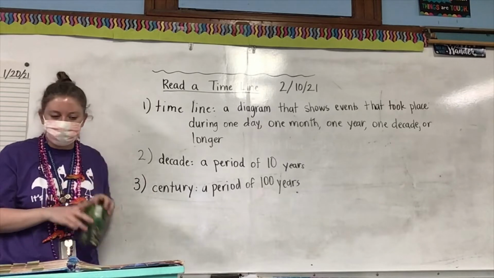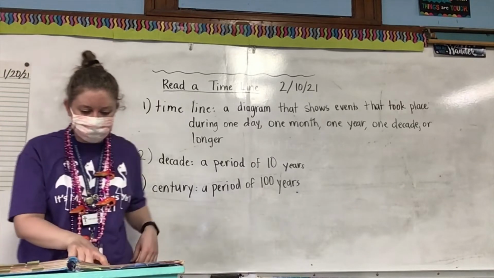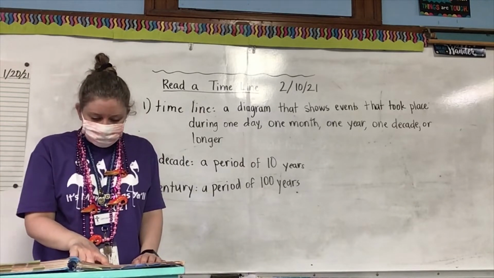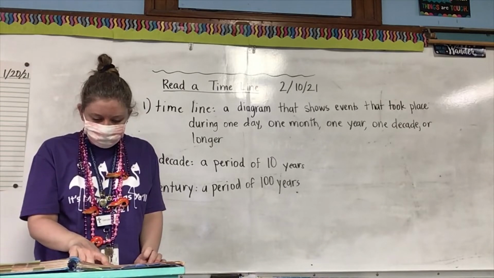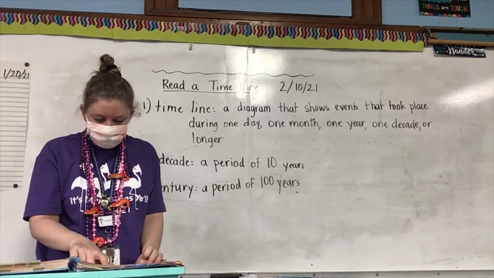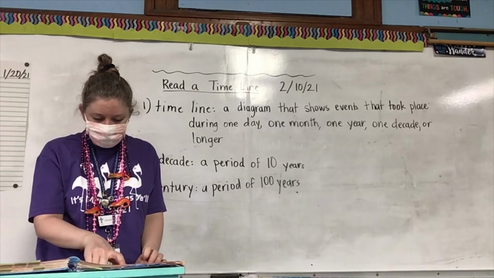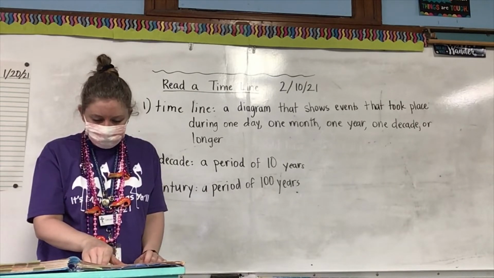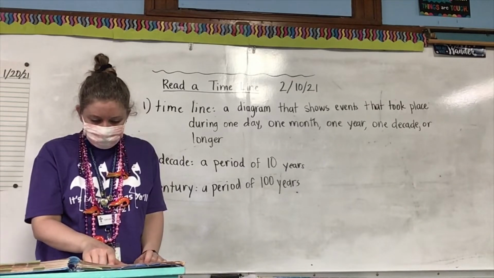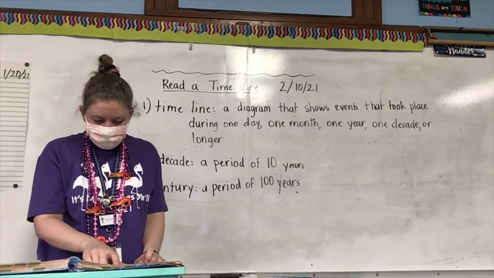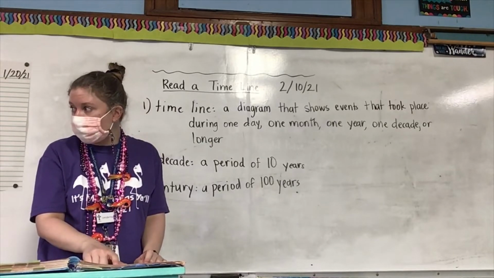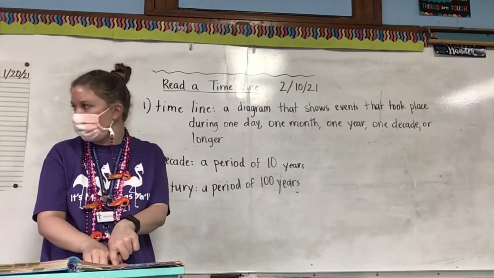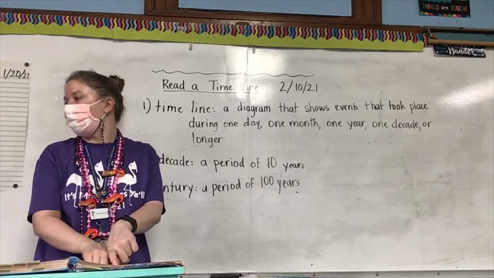Aaron, finish out that paragraph when you're ready. The first part of the timeline shows events that happened during the 17th century. From 1601 to... When you see that, you say the first number, which is, what's the first 2 digits? What number do the first digits make?